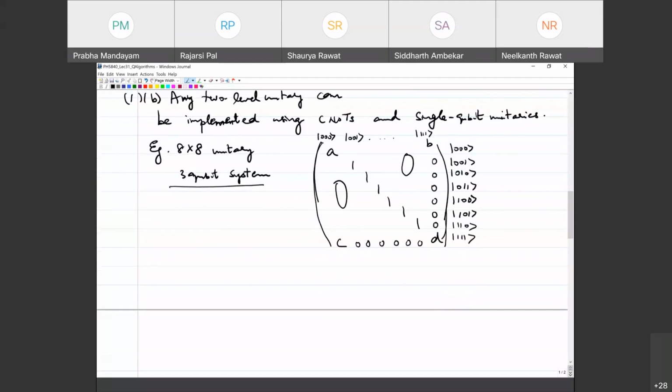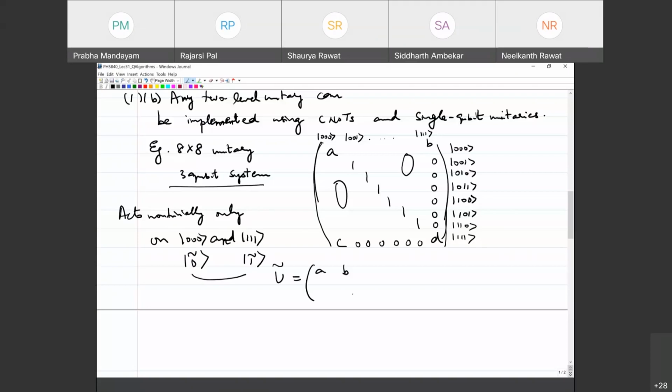So this unitary is acting non-trivially only on 0, 0, 0 and 1, 1, 1. And if I were to think of 0, 0, 0 as a different 0 tilde and 1, 1, 1 as a different 1 tilde, then on this 0 tilde, 1 tilde, it's essentially a single qubit unitary U tilde of the form ABCD.